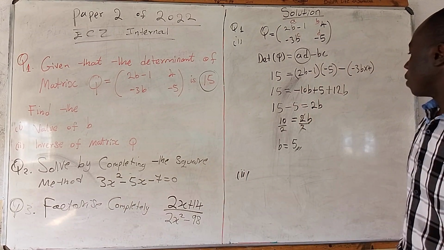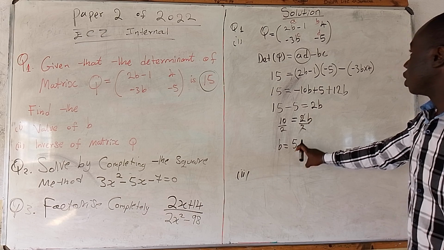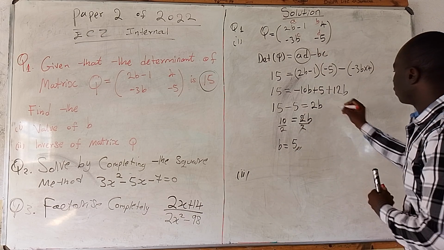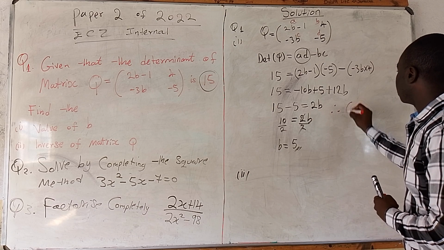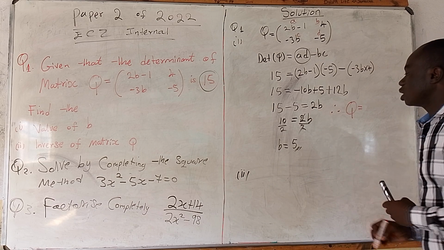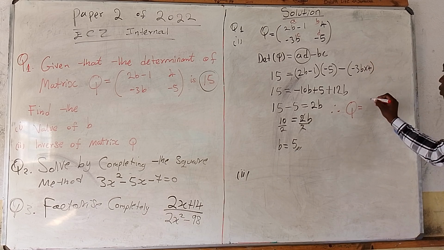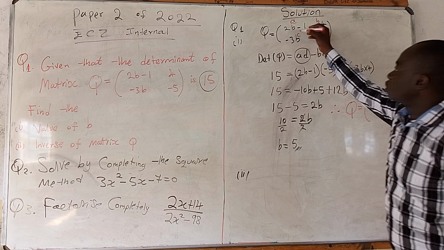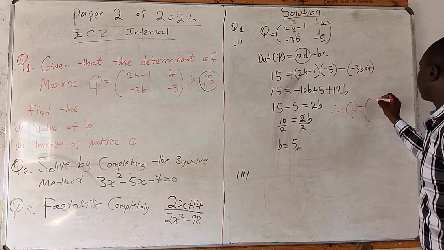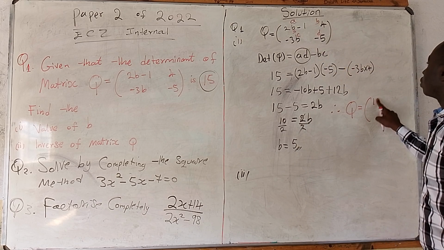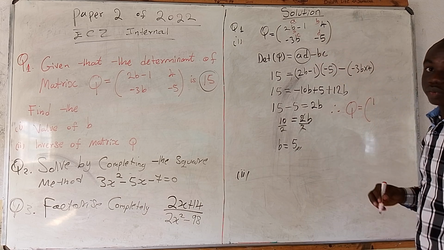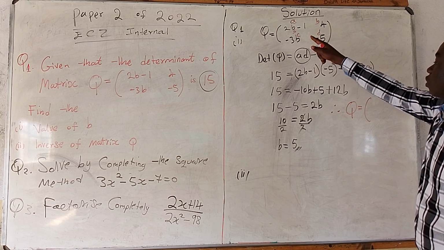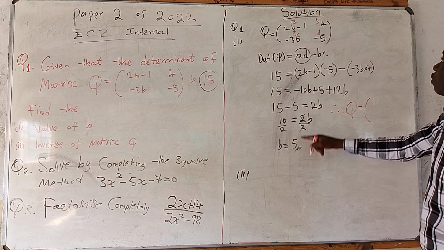So in 2, we have found the value of b. So what this simply means is, we can say therefore, our matrix Q has entries where we have 2 times b, b is 5. When you substitute b by 5, you have 2 times 5, which will give you 10.